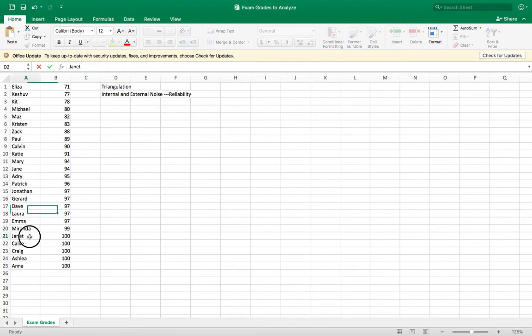What I would also be interested in here are my 100s. Hopefully that shouldn't surprise me because I should have a good understanding of where the students are at this point. But what is important to recognize is if there's a really weird pattern, as in all of my students did really badly, or in this case, a lot of them did really well, I might think about internal or external noise at a more holistic level.